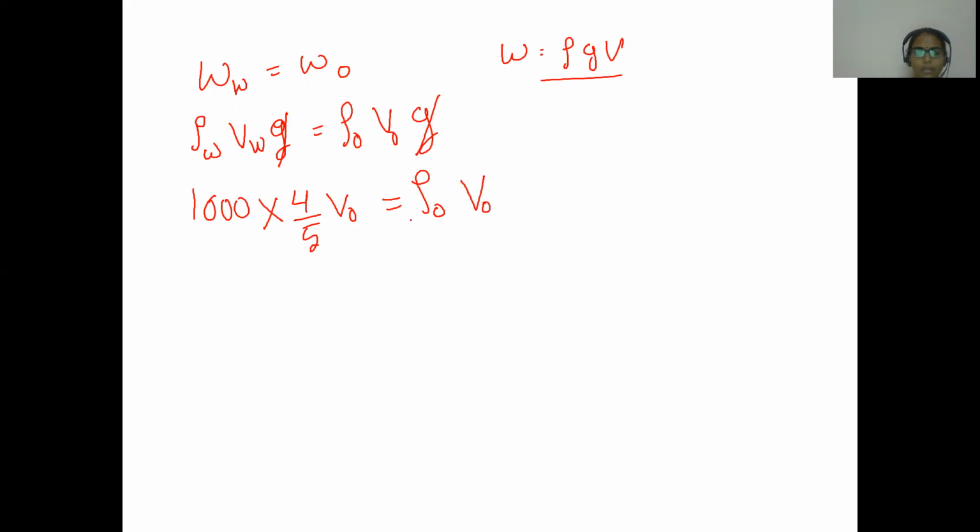Here V naught is a common term on both sides, so V naught cancels.